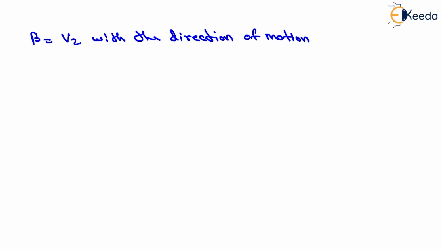Now beta is known as angle made by the velocity V2 with the direction of motion of the vane at outlet. Phi is known as angle made by the relative velocity VR2 with the direction of motion of the vane at outlet and also called vane angle at outlet. So it is the angle made by the relative velocity VR2 with the direction of motion.